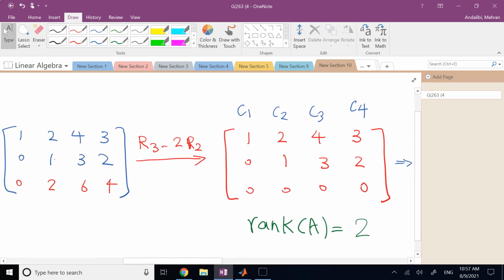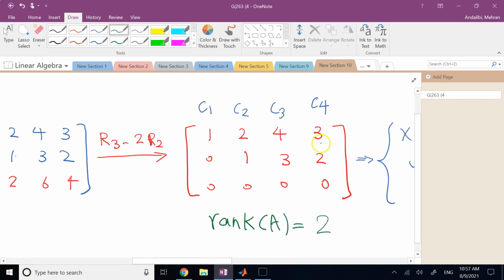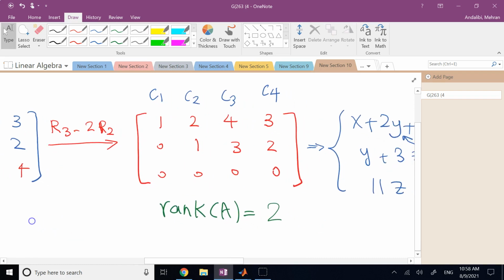Now, if you look at the columns, clearly there are combinations of the columns where A multiplied by something will get you 0, without that something vector being all 0.